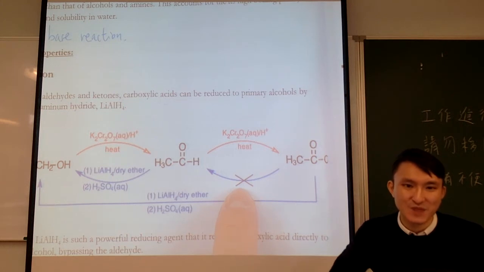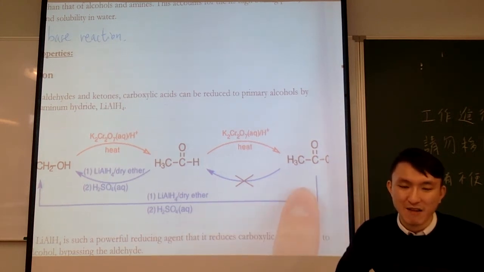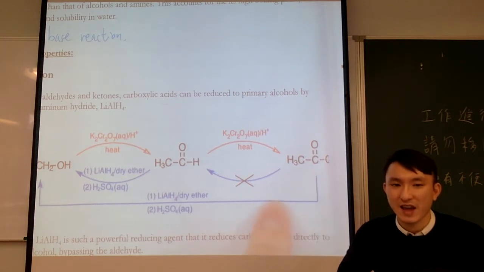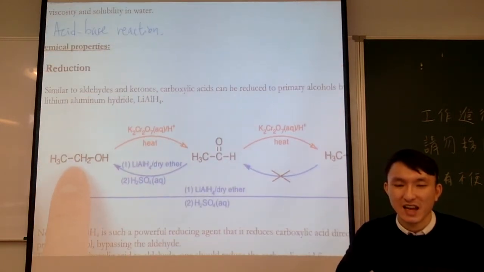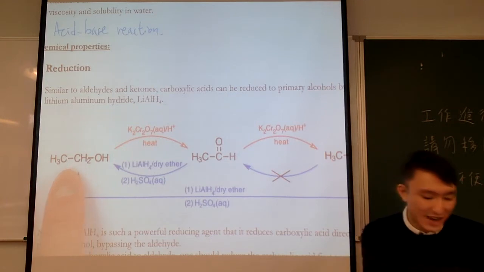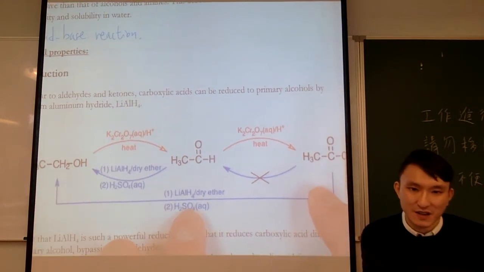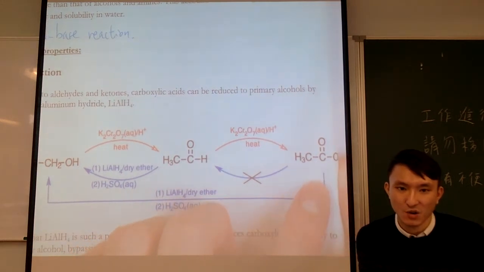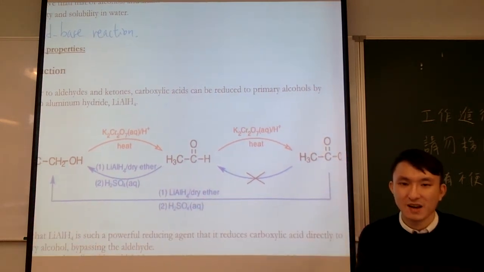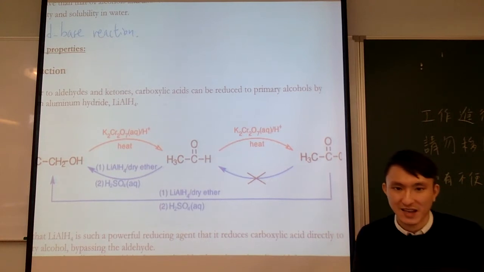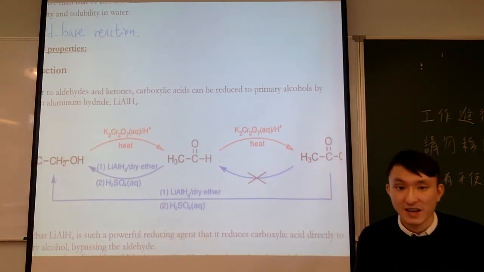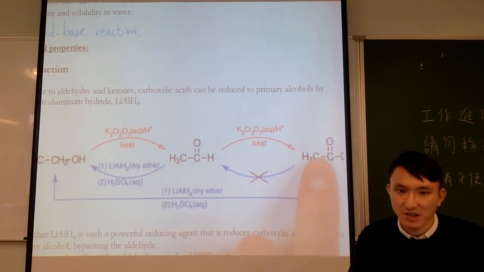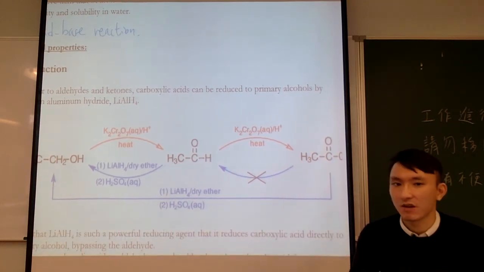Whenever you carry out reduction of carboxylic acid, it will go straight to the alcohol. You will use lithium aluminum hydride to reduce the carboxylic acid all the way to alcohol. It happens like this because, like I said, lithium aluminum hydride is a very powerful reducing agent, so it will reduce the acid all the way to the alcohol.